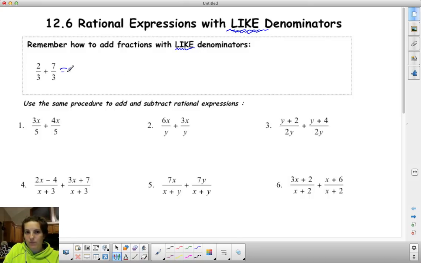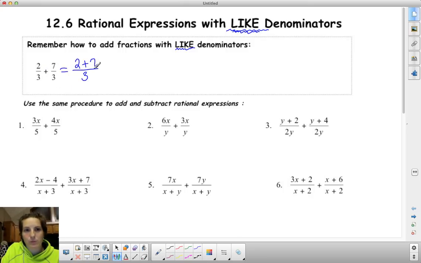Remember when you first learned fractions, I didn't teach you fractions first. When you first learned fractions, the first observation is that you have thirds, so you are going to keep the denominator and you're simply going to add the numerator.